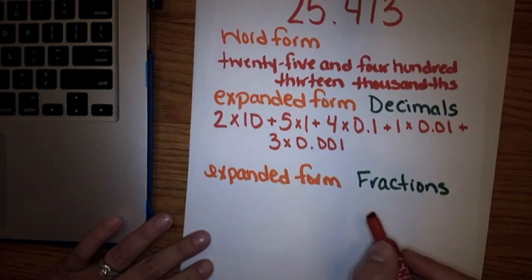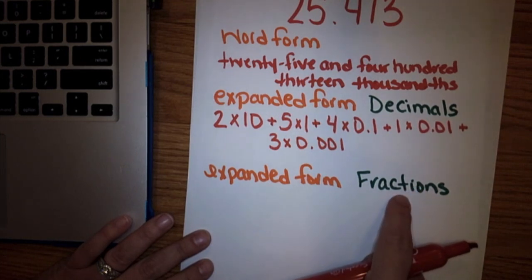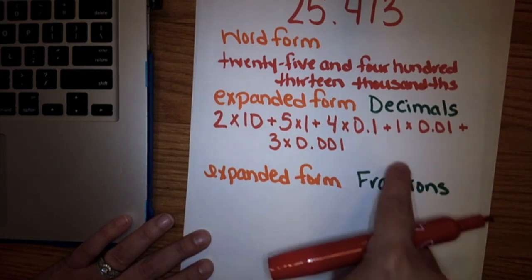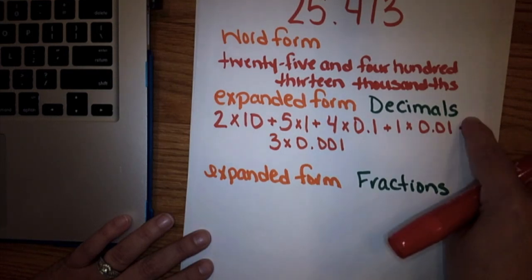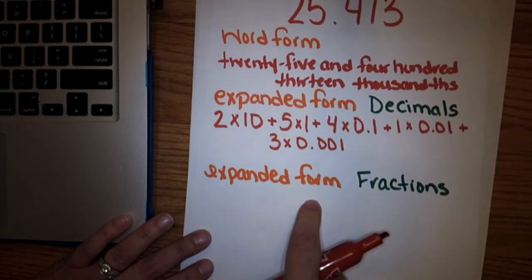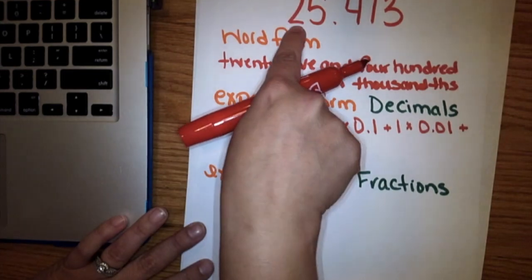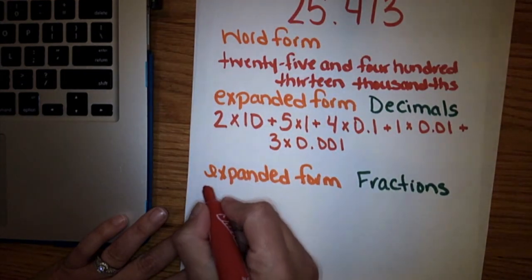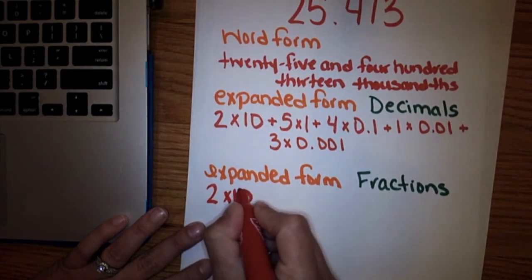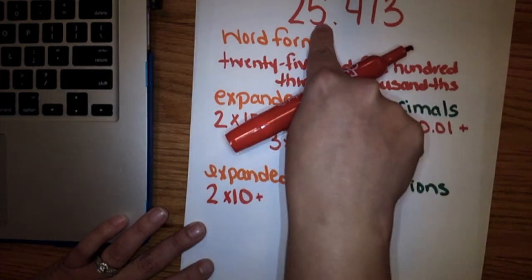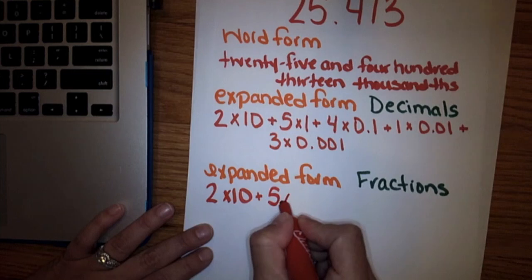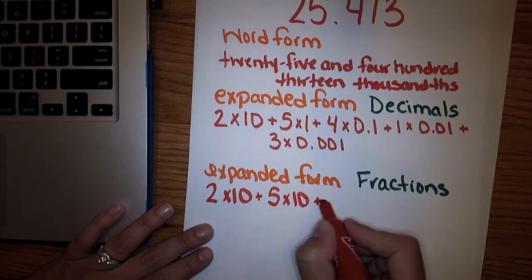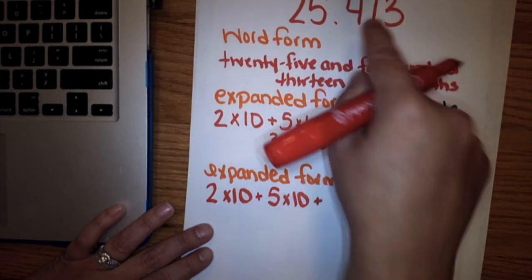Now let's look at expanded form using fractions. So decimals and fractions can represent the same number. It's part of a number, just two different ways to represent it. So let's do that expanded form again. Let's go up to the 2. The 2 is a whole number, so it's 2 groups of 10. Plus 5 is a whole number. It is a whole 5. 5 groups of 1. Plus, now we have the 4.